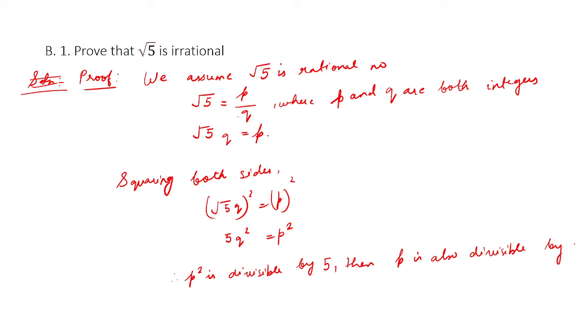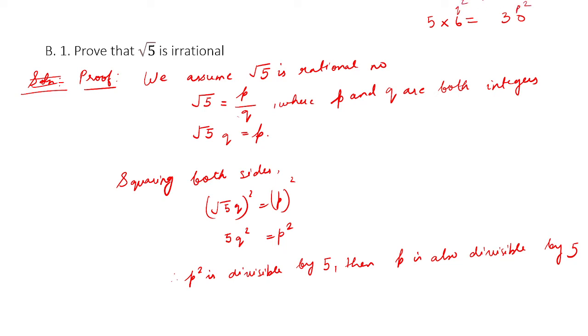You look, 5 into something is equal to p square. This is like me saying that 5 into 6 is equal to 30, okay. Let's just say I'm assuming this to be my p square and this to be my q square, okay.